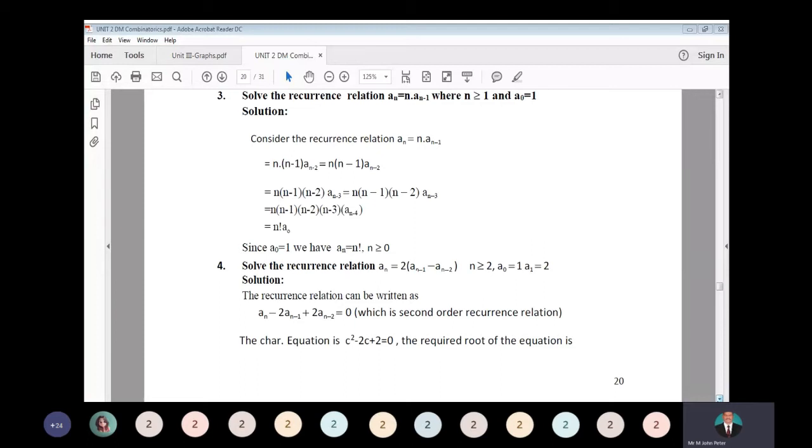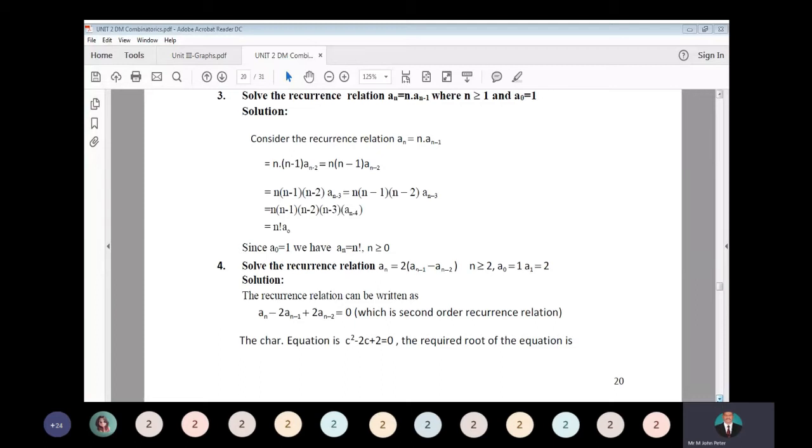Solve the recurrence relation an equal to n into an minus 1, where n greater than or equal to 1 and a naught equal to 1. Consider the recurrence relation an equal to n into an minus 1. That is n into n minus 1 into an minus 2, using the basic formula for an minus 1, that is n minus 1 into an minus 2 as per the given condition. Again for an minus 2, n minus 2 into an minus 3.